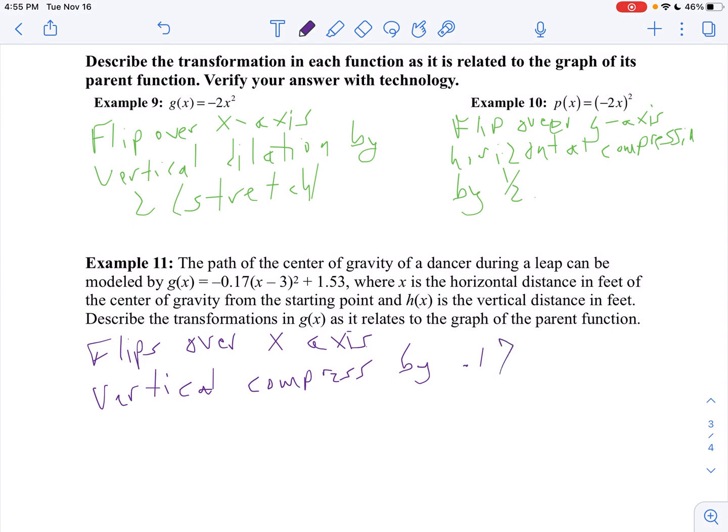In other words, it's going to get wider. I'm going to push down on my graph. Then I'm going to slide to the right 3. And I'll push it up 1.53.